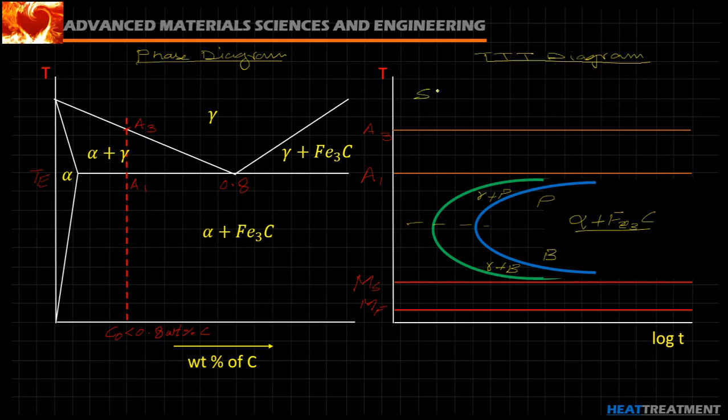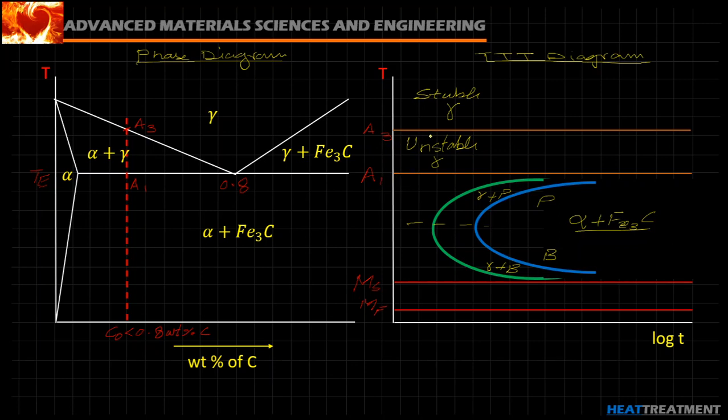Now considering the phase diagram, the stable phase of gamma is above this A3 temperature, and below the A3 we have unstable phase of alpha. However, we see the independent ferrite starts forming below the temperature of this A3 for the case of hypoeutectoid steels.